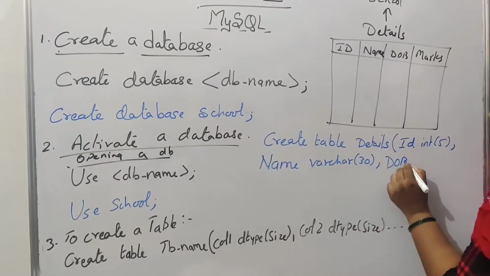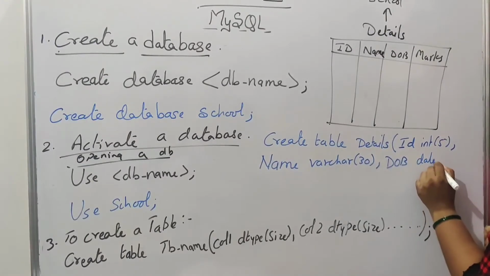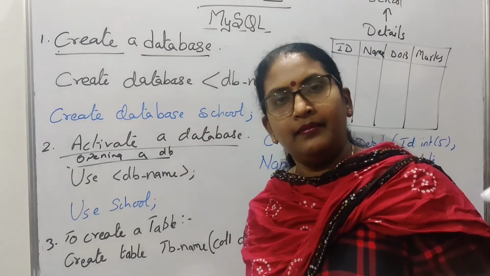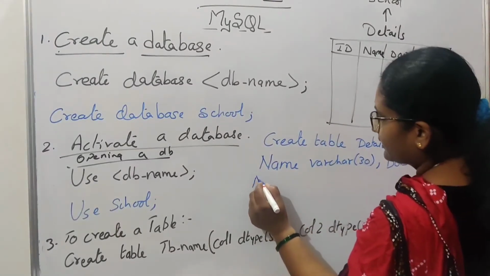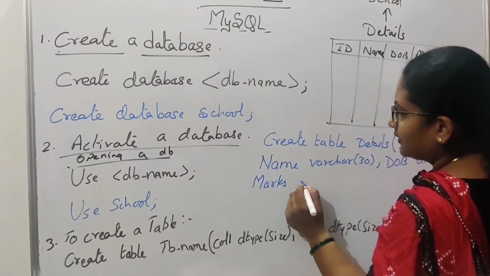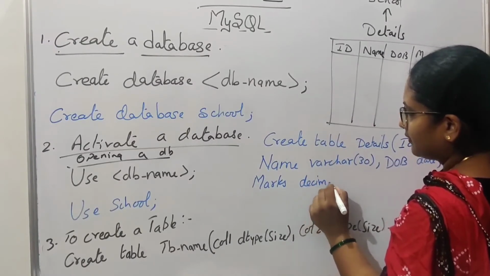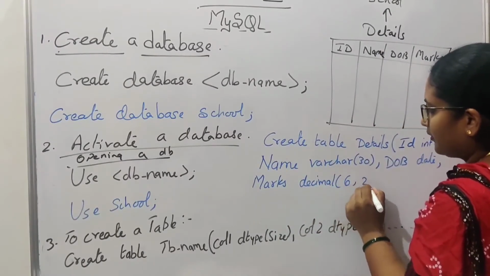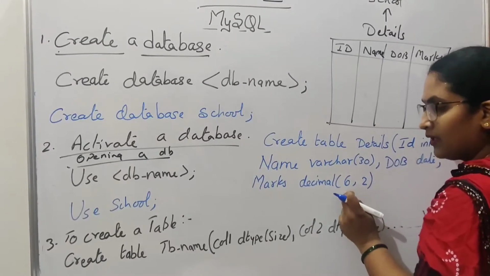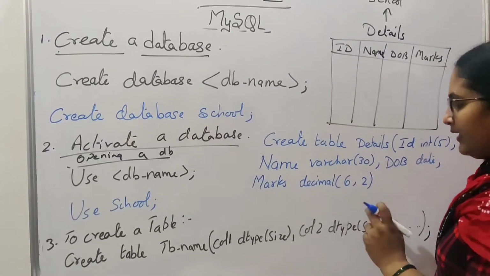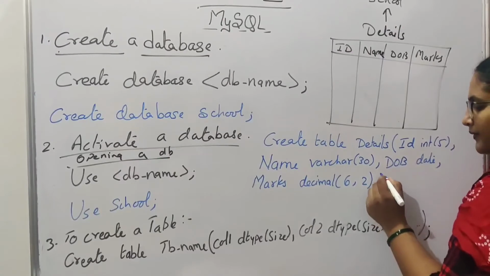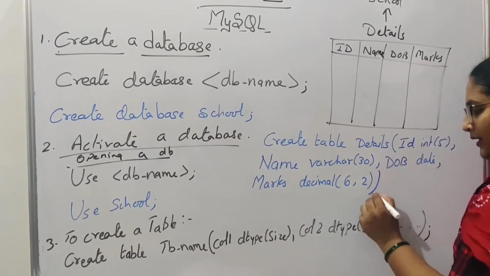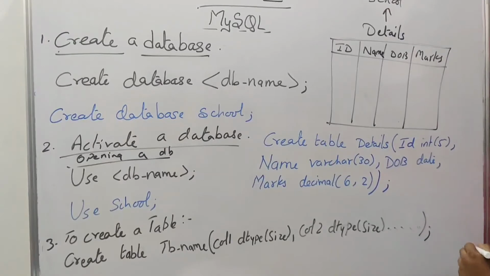Date of birth, DOB, data type date; by default it takes YYYY-MM-DD. Comma, marks, which we take as decimal 6, 2. Here 6 means the total number of digits is 6, and there will be 2 digits after the decimal point. This is completed with the closing bracket and semicolon.